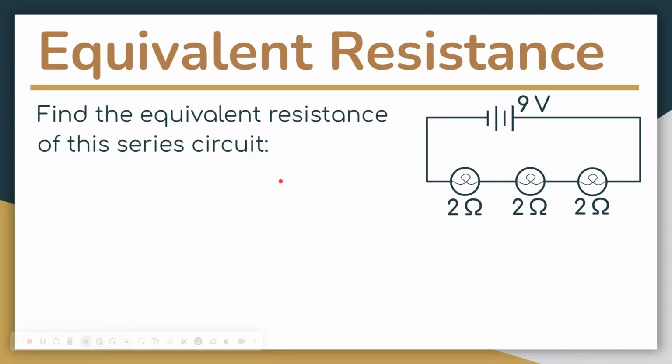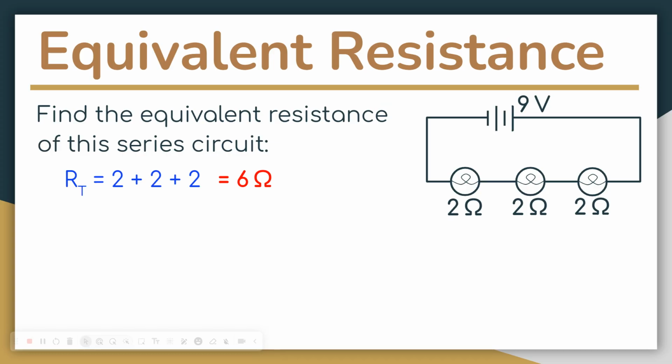So here's an example practice problem. You can sketch this one out if you want to. Find the equivalent resistance of this series circuit. If I have 3 bulbs, and each of them is identical, 2 ohms would be the resistance at each one, then my equivalent resistance is just my total, 2 plus 2 plus 2, which of course is 6.